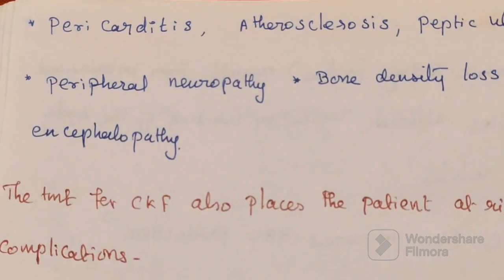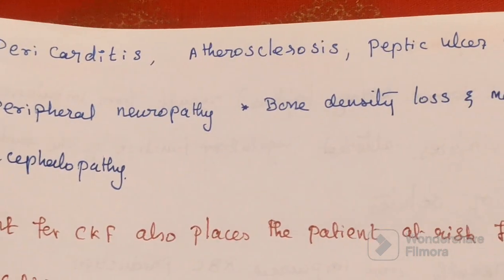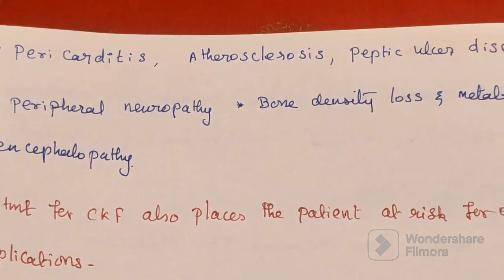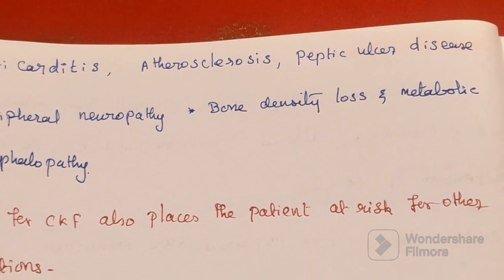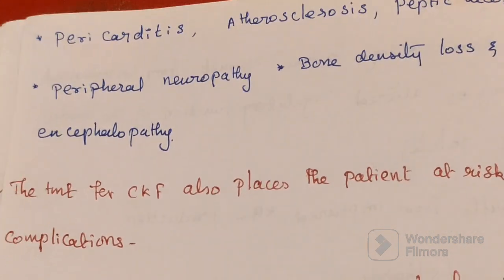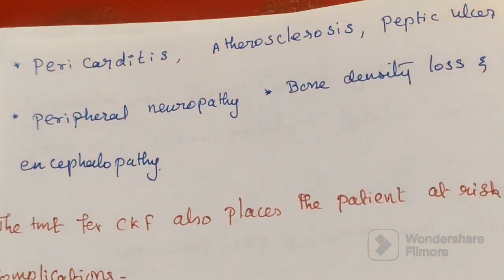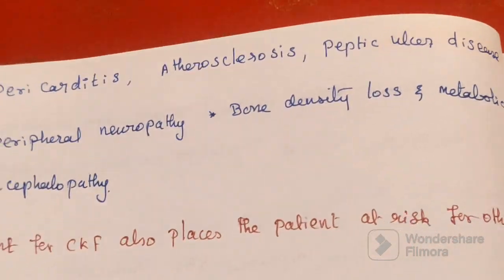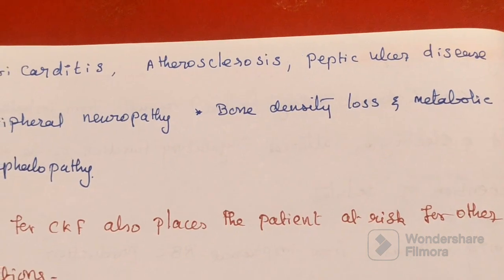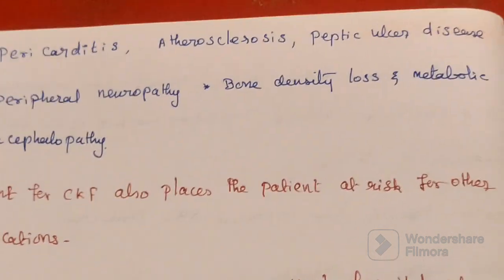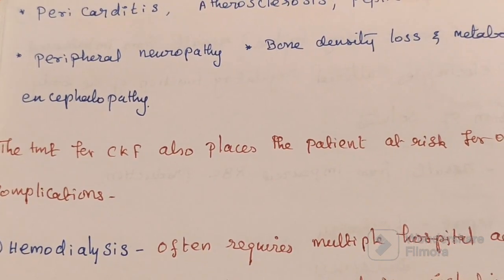Then pericarditis, atherosclerosis, peptic ulcer disease, peripheral neuropathy, bone density loss, and metabolic encephalopathy.